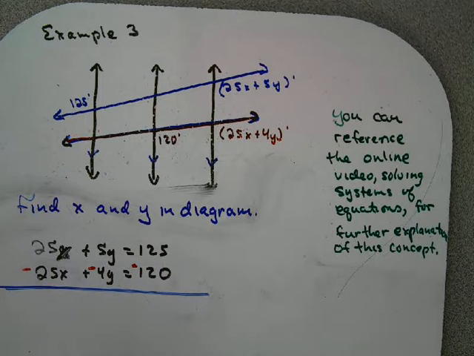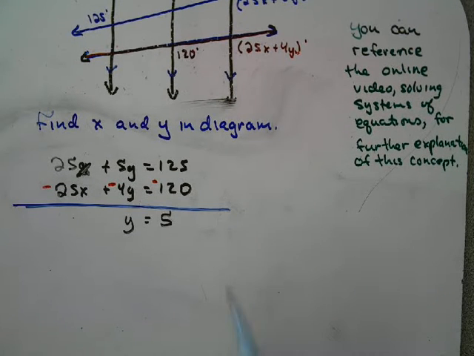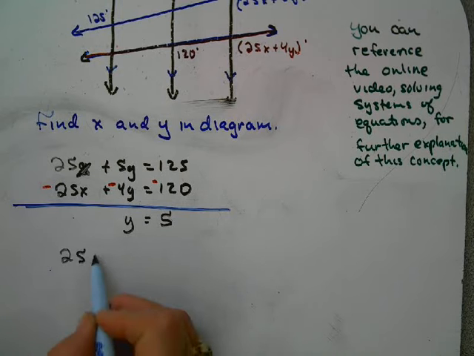Now, to find x, I can use either original equation. I'll use the top one, 25x plus 5, and it was y, so I can put in what I found for y, 5, equals 125. I can solve this one to find x. I just simplified there.